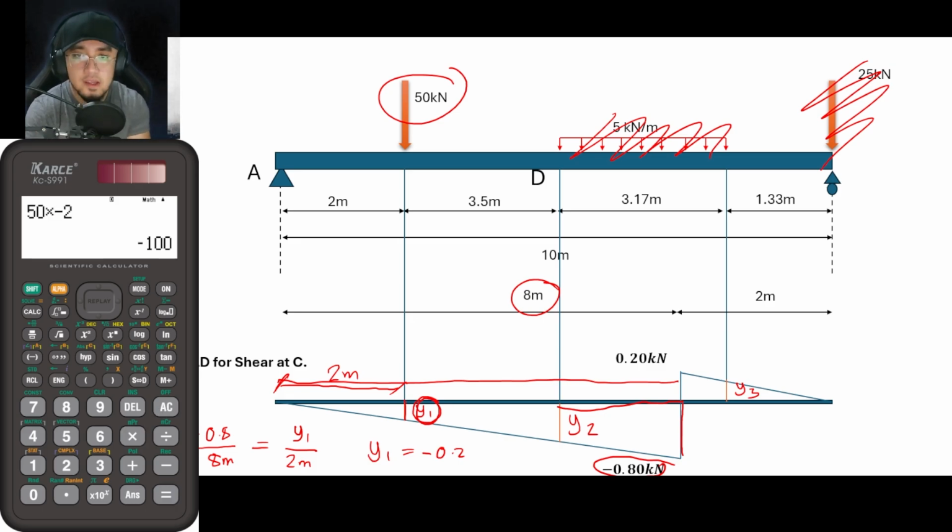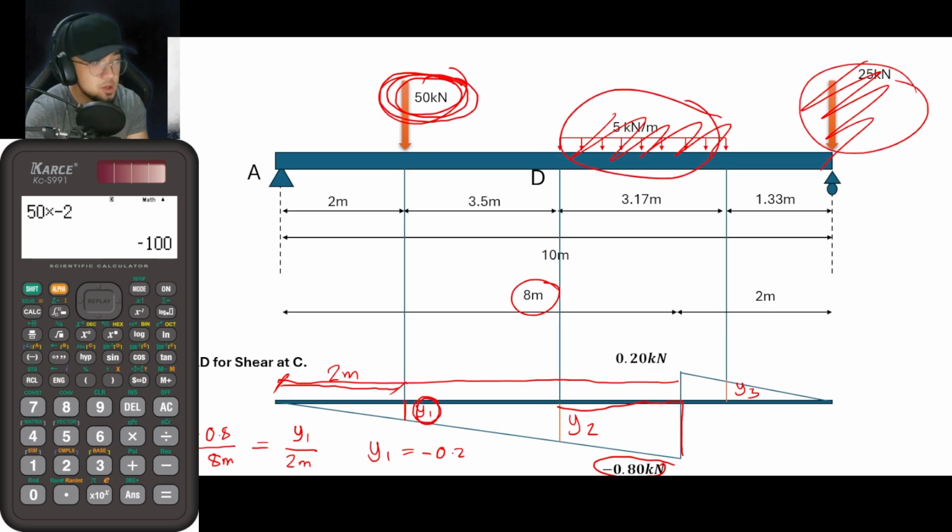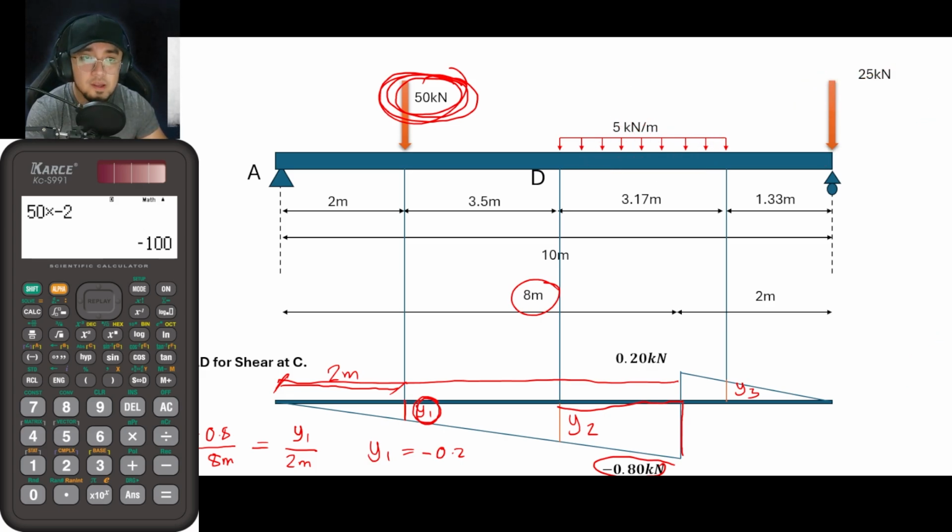So meaning, guys, due to this load here, the shear at C is experiencing a negative 10 kilonewton internal force. Okay? But the thing is, that is not just the load. So we still have this load here and this load here, and from that, we should also take them into consideration. Okay, so let me just remove my mess here.